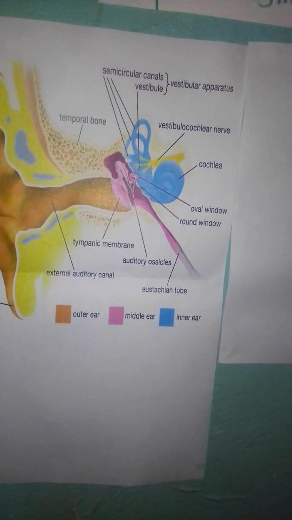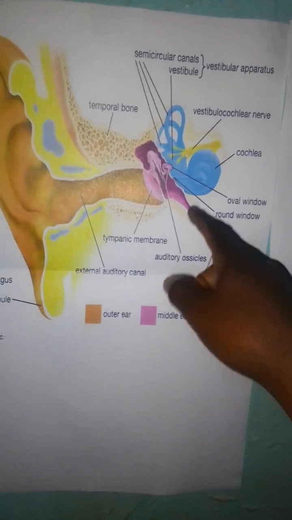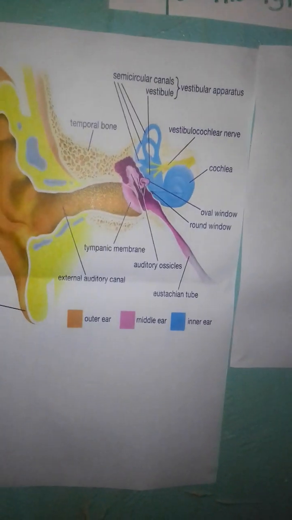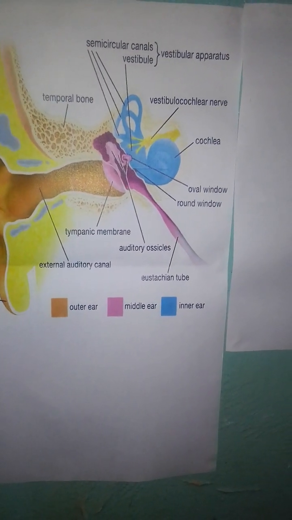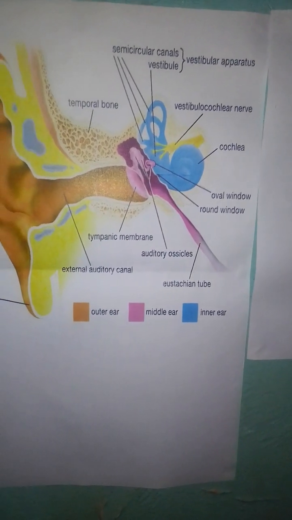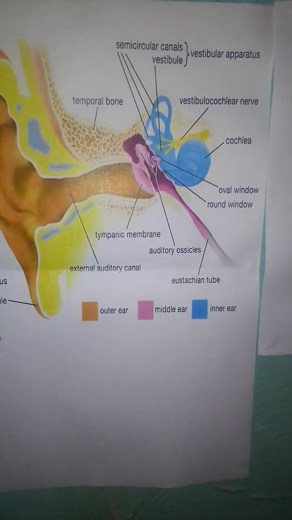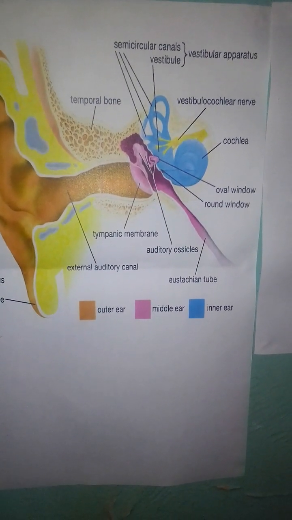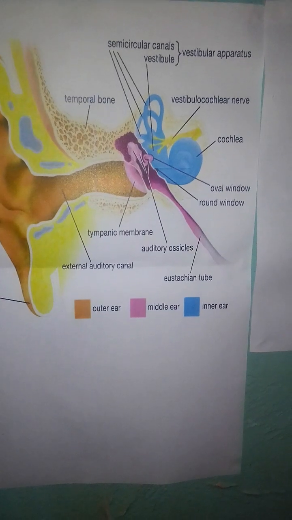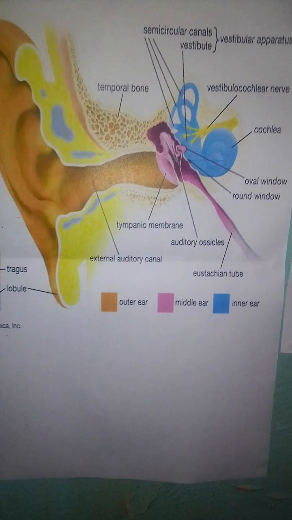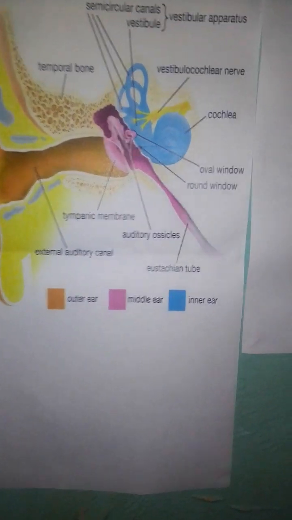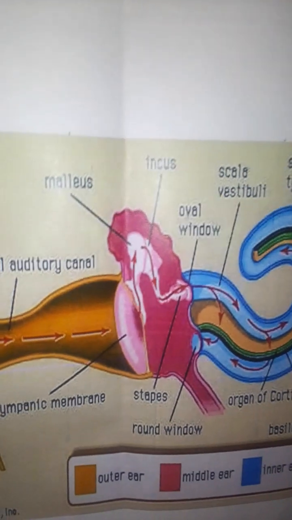There's also the eustachian tube going down here, and there's the inner ear. There's a semicircular canal, the vestibulocochlear nerve, the cochlea, oval window, and the round window.